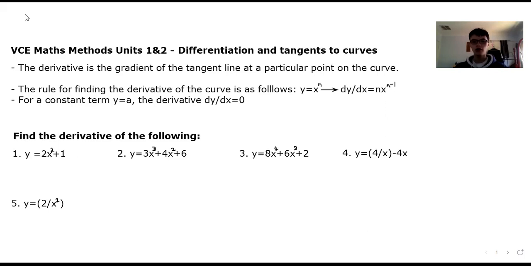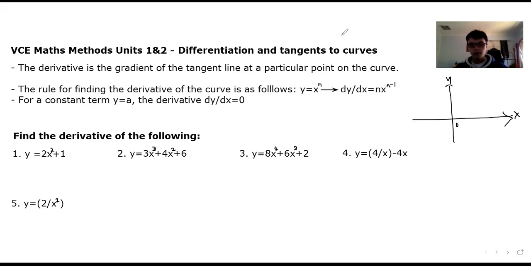Let's have a look at what a derivative of a function is. The derivative is the gradient of the tangent line at a particular point on the curve. Let's draw an illustration, for instance. Have y on this side and x on that side.